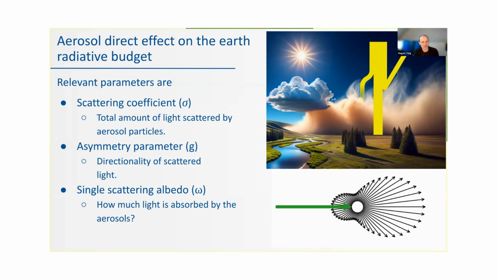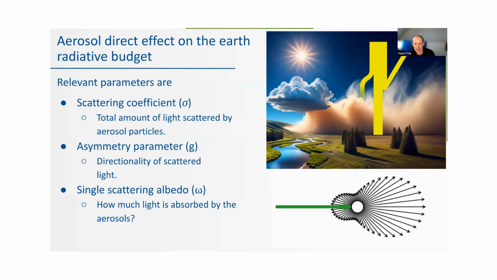And there are three aerosol properties that are necessary to describe this aerosol direct effect, which are the scattering coefficient, which describes the overall scattering. So here on the bottom, I show just for a single particle how the scattering might look like. So we have all the scattering, which is described by the scattering coefficient.